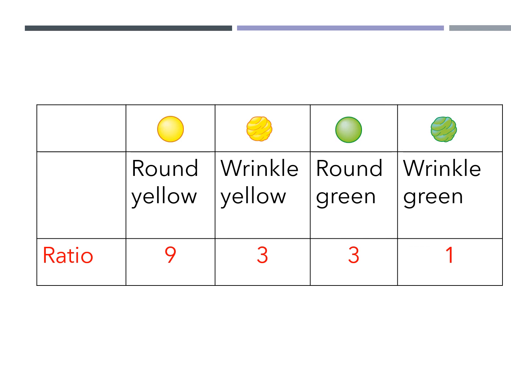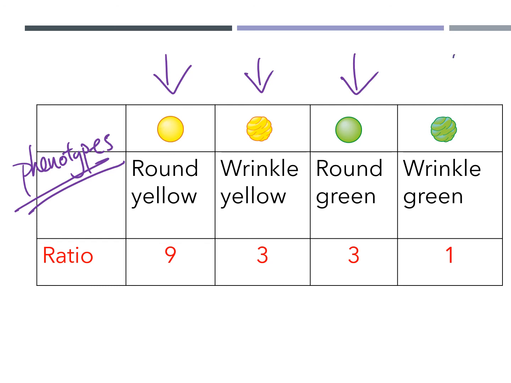Although you have 16 different genotypes, overall you only show 4 types of phenotypes. So you find round and yellow, wrinkled and yellow, round and green, wrinkled and green, but you will see the amount of them is different, and they are in a ratio of 9:3:3:1. You can count it on your own. It is a very special ratio.